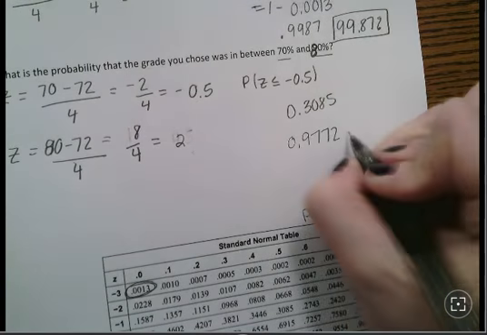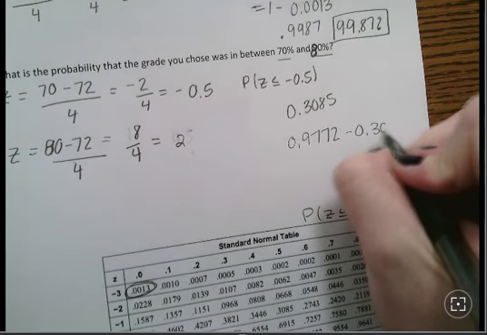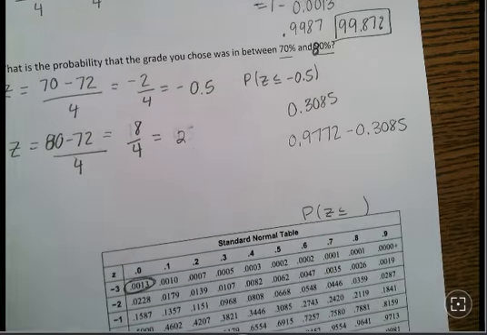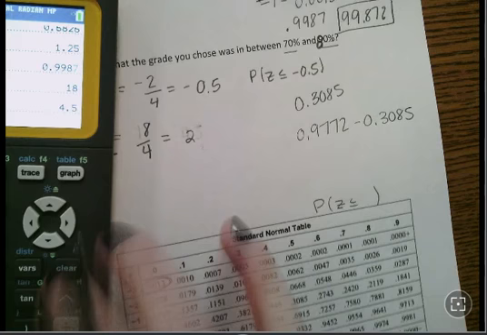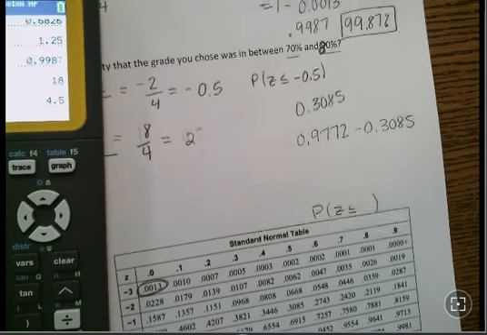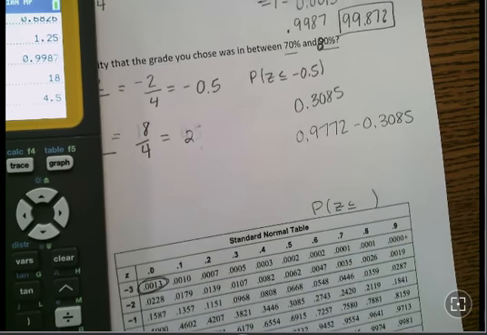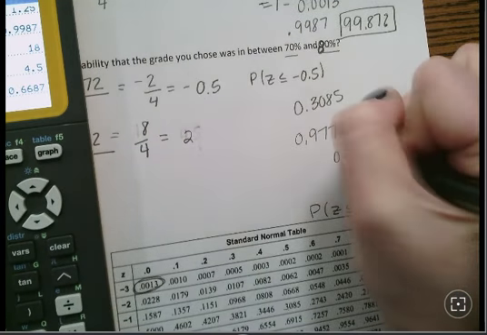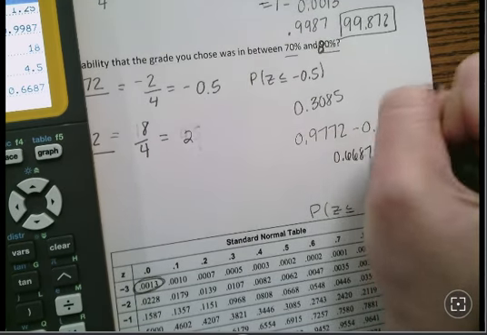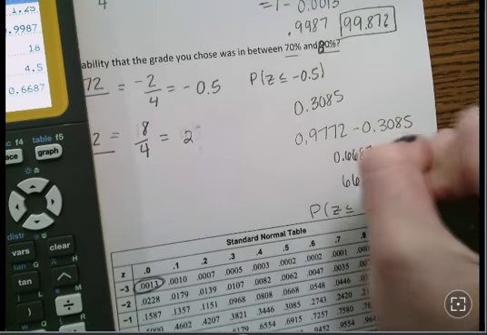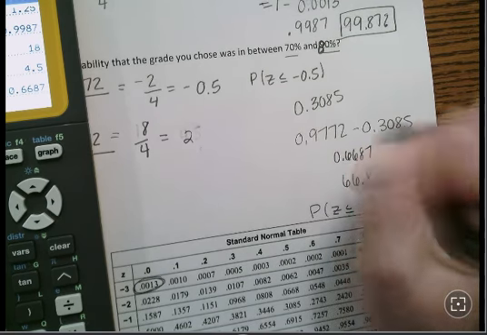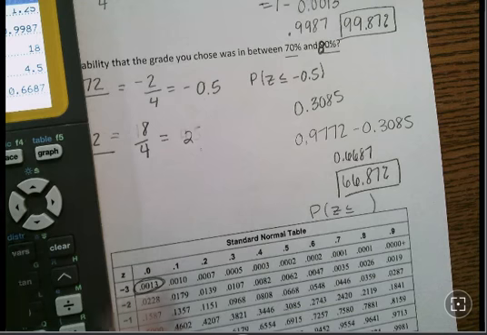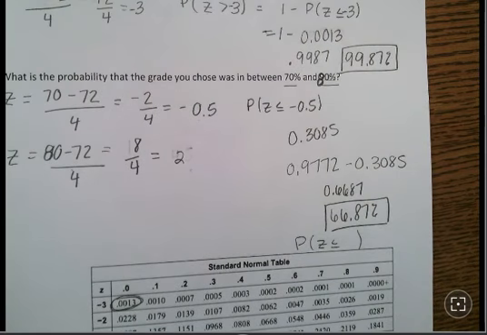Then we subtract them: 0.9772 minus 0.3085, and you get 0.6687, which means there's a 66.87% chance that a score we randomly choose is between 70 and 80%.